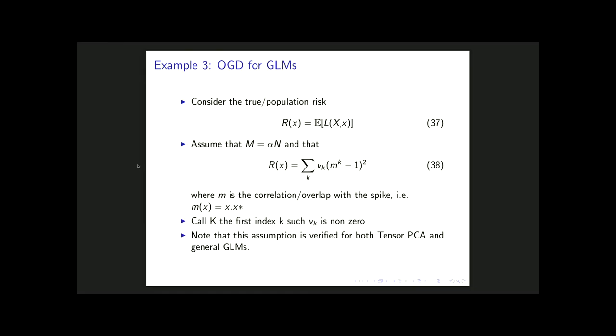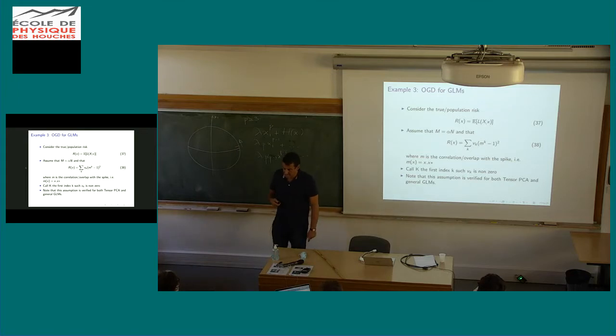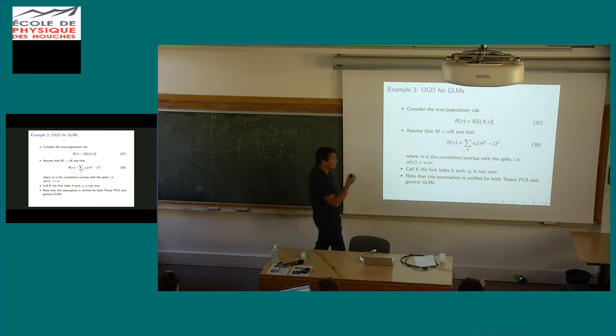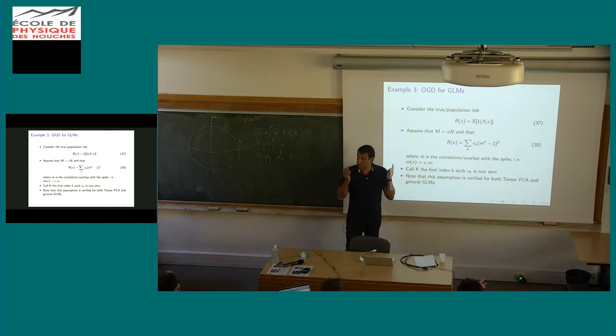Sorry, it's not like the spike model, like the tensor spike model. The spike model of the tensor is included in that. You could do that too. You assume that there is a ground truth, the X star that you don't know, it's planted.